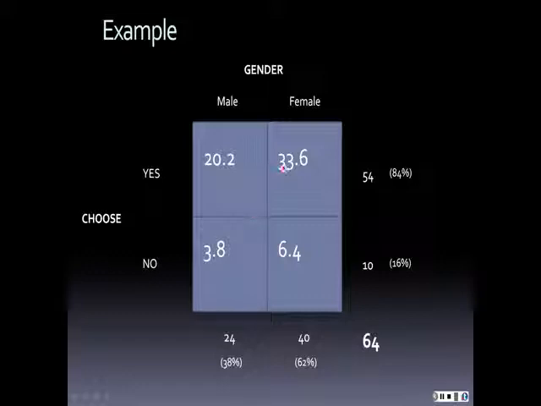So these are the expected values if there were no relationship between choice and gender. And essentially what we've done is we've held this proportion of 84 to 16 constant, both within our female respondents as well as within our male respondents.